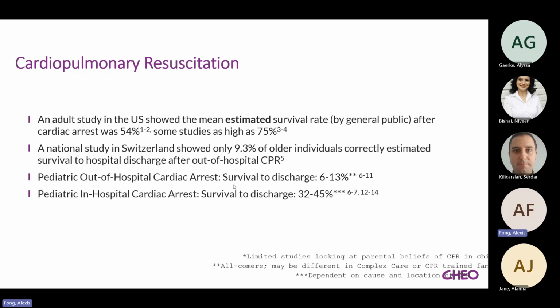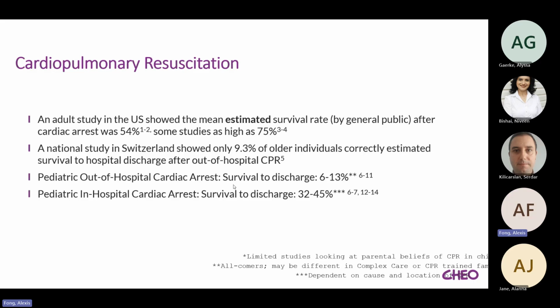There are not a lot of studies looking specifically at parents, but an adult study in the US showed that the mean estimated survival rate by the general public after cardiac arrest was anywhere from 54 to 75%. So most adults in the US thought that after someone gets CPR, their survival was likely to be anywhere from 50 to 75%. A study in Switzerland showed that only 9.3% of older individuals correctly estimated survival to hospital discharge after out-of-hospital CPR.